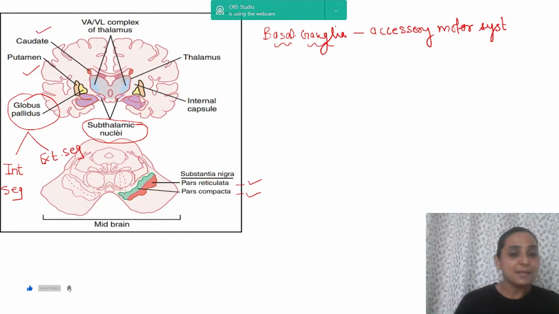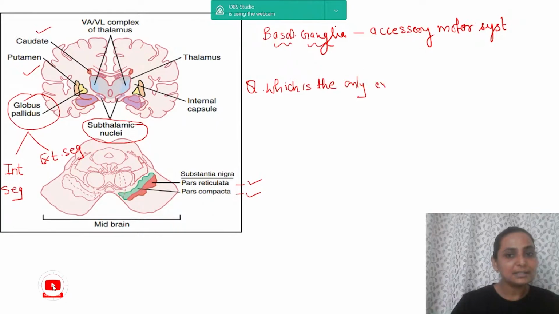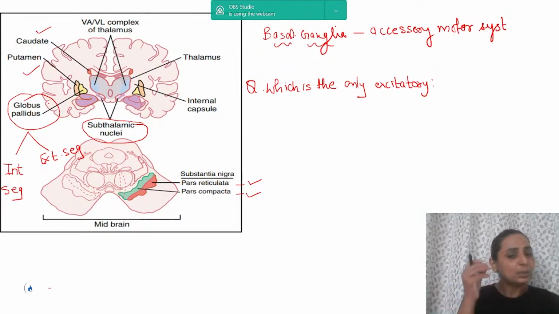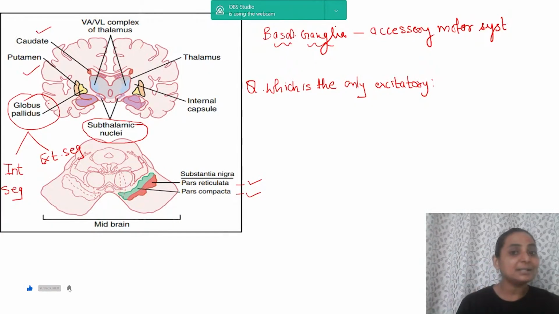Now if I ask you a question: which is the only excitatory nucleus or excitatory part of the basal ganglia? Among the caudate nucleus, putamen, globus pallidus, subthalamic nucleus or substantia nigra, which is the only excitatory nucleus?